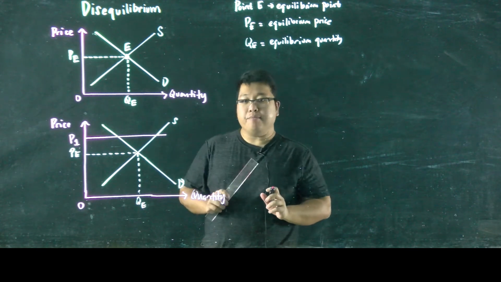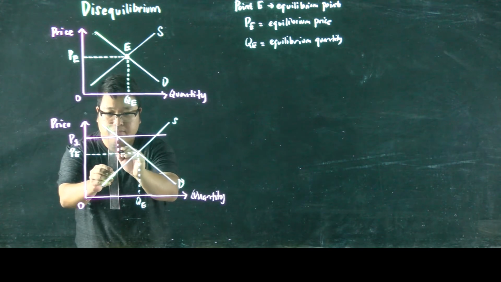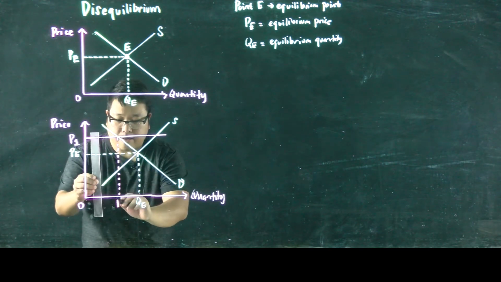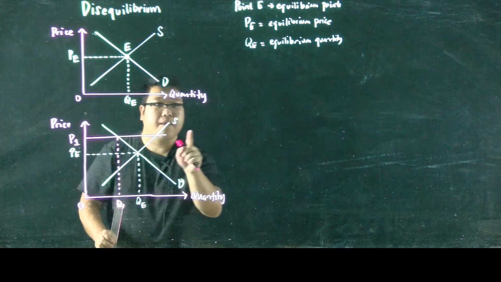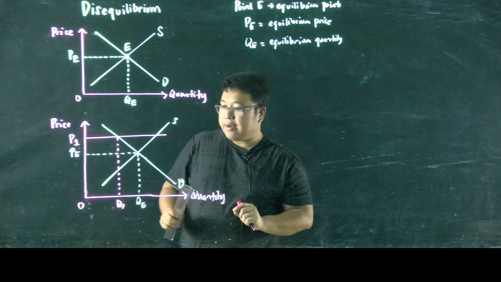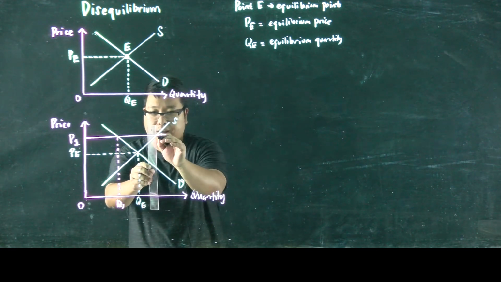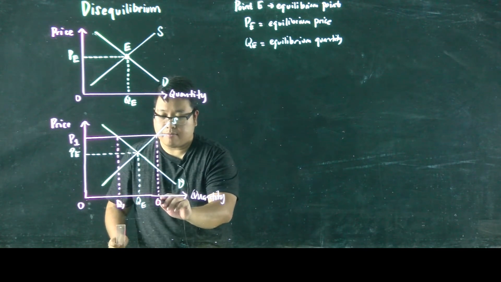At P1, quantity demanded is at Q1. Quantity supplied is at Q2, which is right here, if the price is P1.